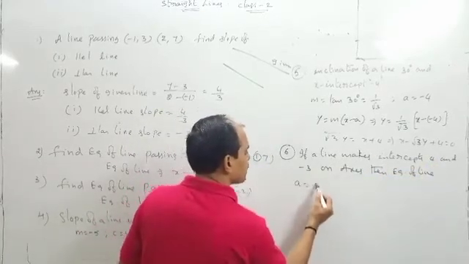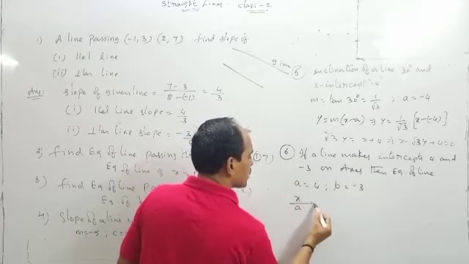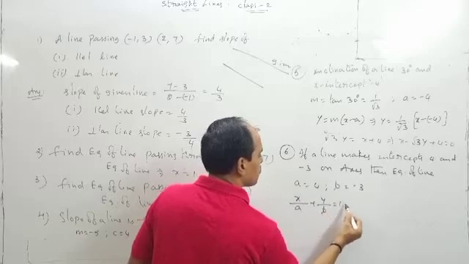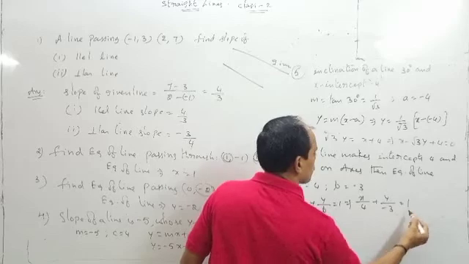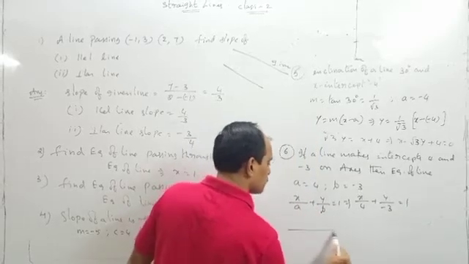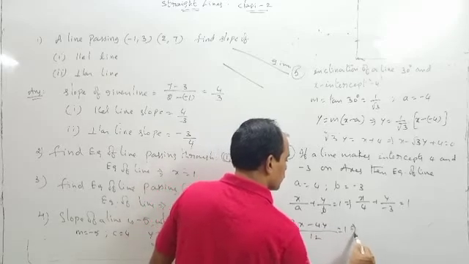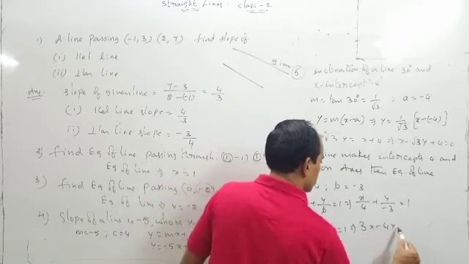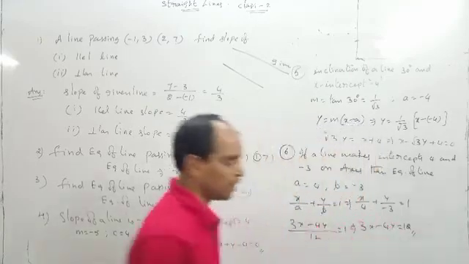So a is equal to 4, b is equal to minus 3. The equation of the line is x by a plus y by b is equal to 1. Now the LCM is 12. So 3x minus 4y is equal to 12. This is the equation of the line.